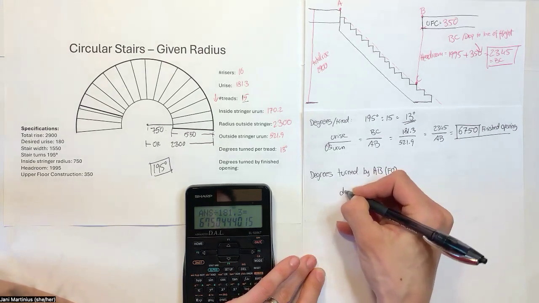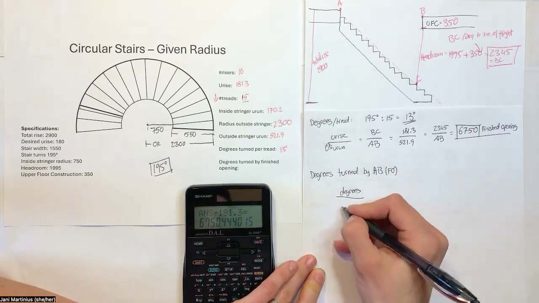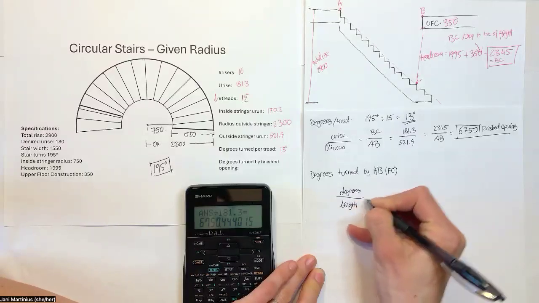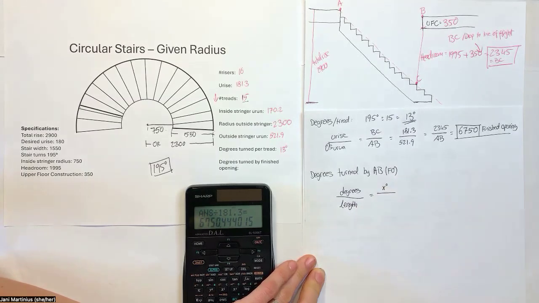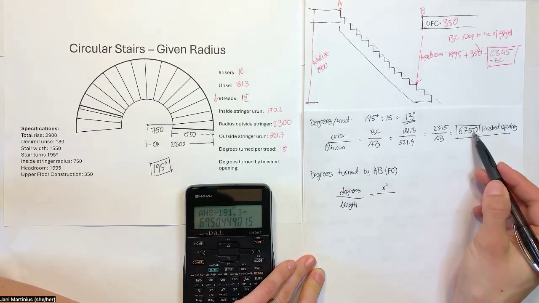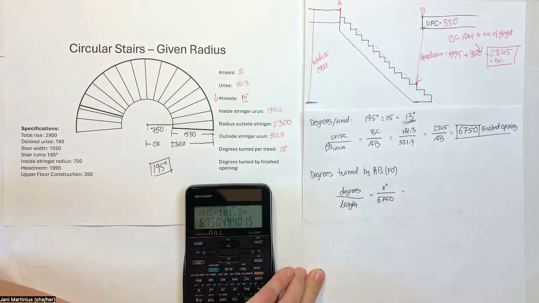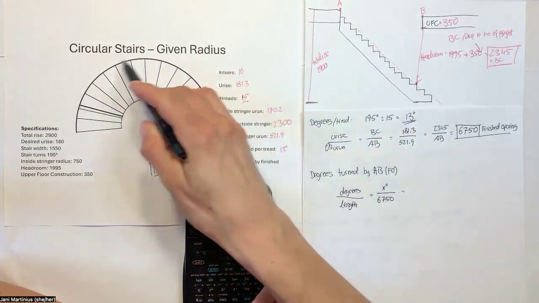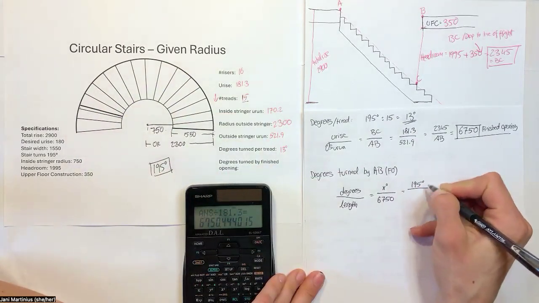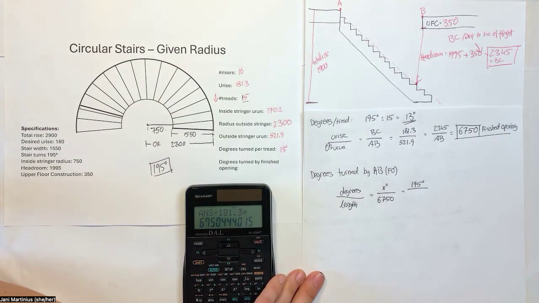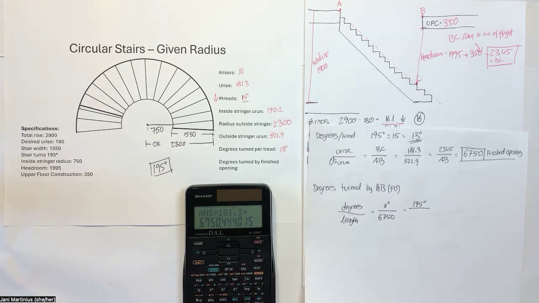So we're going to do our degrees and basically the length. Those are the things that we're trying to compare. So the degrees of our opening, and that will be the length of our opening, right, that we just figured out. And it's going to equal to, well, the degrees of our whole stair, so the 195, over the length of our, like the circumference of our stair on the outside.